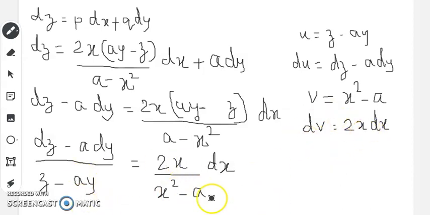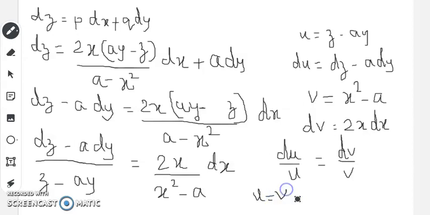We can rewrite our relation in the form du by u is equal to dv by v. On integration we get log u is equal to log v plus log b. So u is equal to vb.